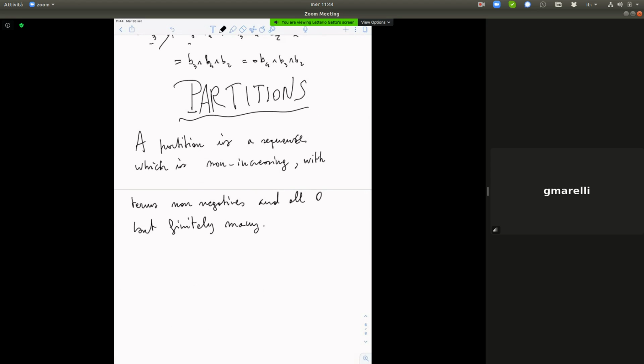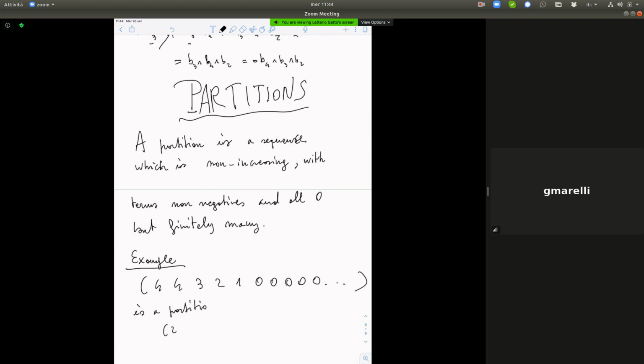Let me show you an example of partition. Example: 4, 4, 3, 2, 1, 0, 0, 0, 0, 0 is a partition.